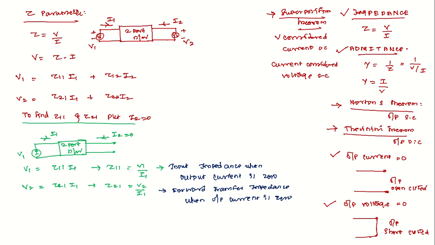So to find your Z12 as well as your Z22, we can put I1 equal to 0.